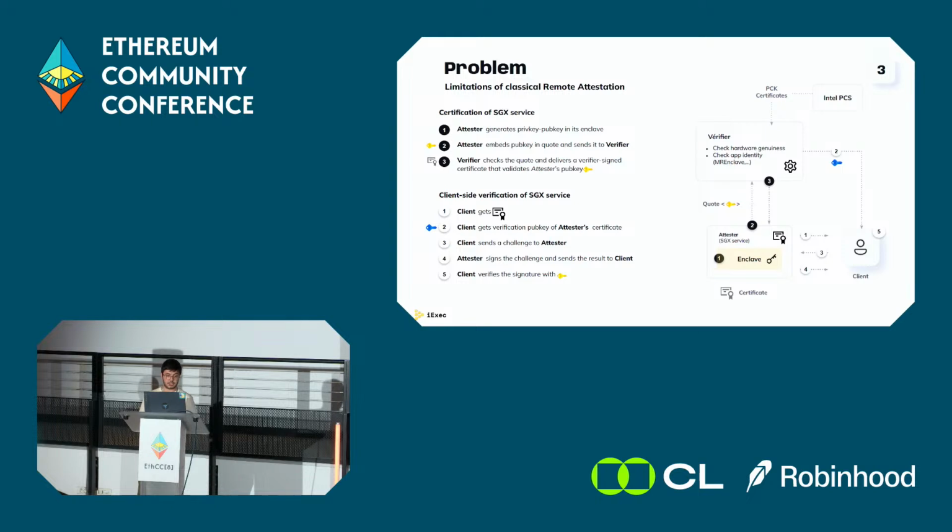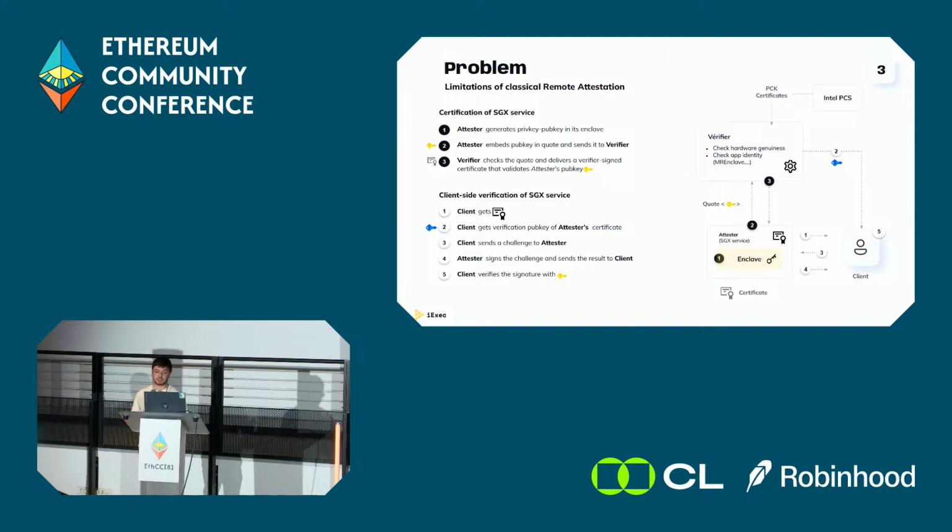Now, the second step is the client-side verification of the SGX service, and in this step, the client gets the certificate that has been delivered by the verifier from the attester of the SGX service. Then the client gets the verification public key of the attester certificate in order to validate this certificate and check its genuineness. Then the client, at the third step, sends a challenge to the attester.